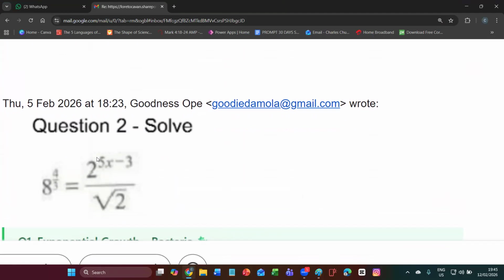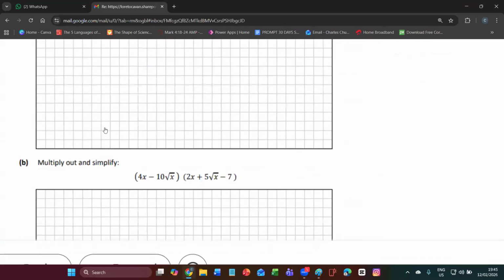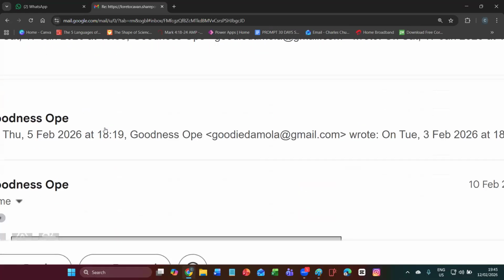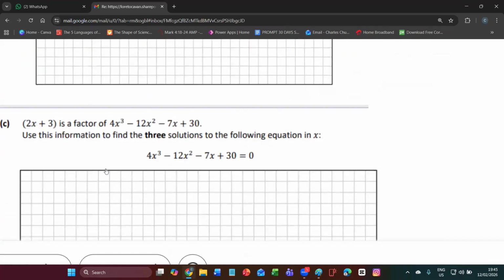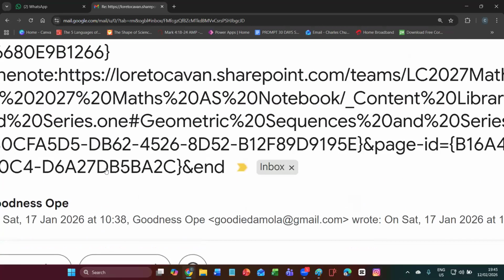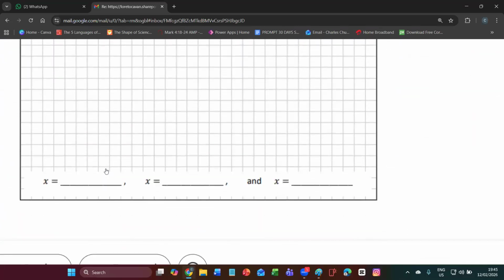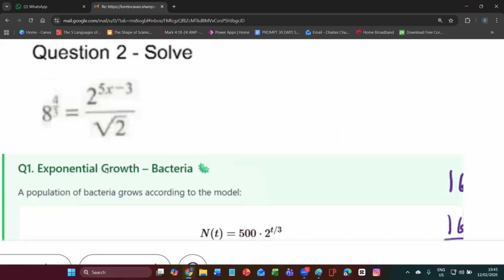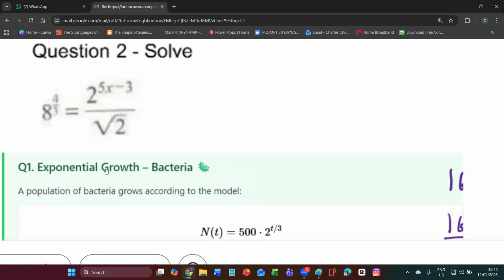Are you sure we've not solved this one? Let me check the date of that. Oh, okay. So I thought that we solved it, but it was the other one that has one and two. It looks the same, but we haven't. Okay. All right.